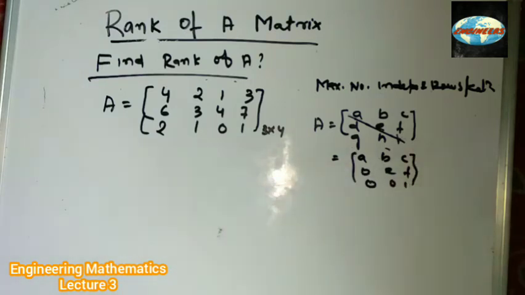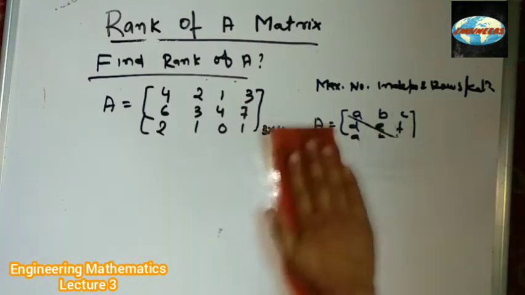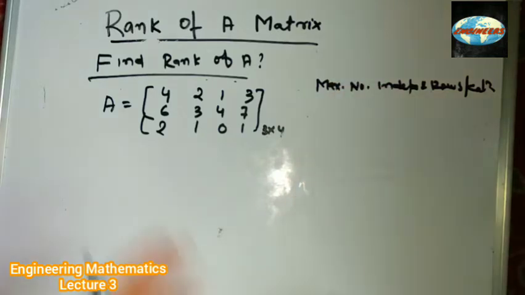So we will try to find the rank by doing some elementary transformation on this matrix and try to make it an echelon form, so that we come to know the number of independent rows or columns. The number of independent rows is the rank of a matrix.